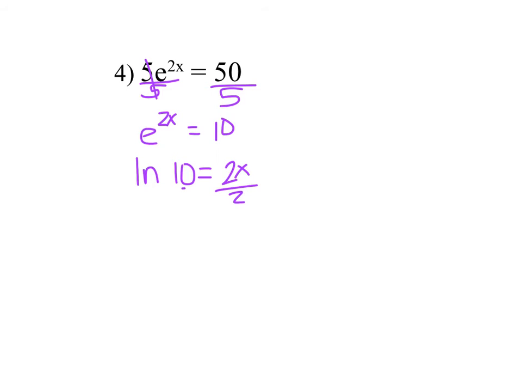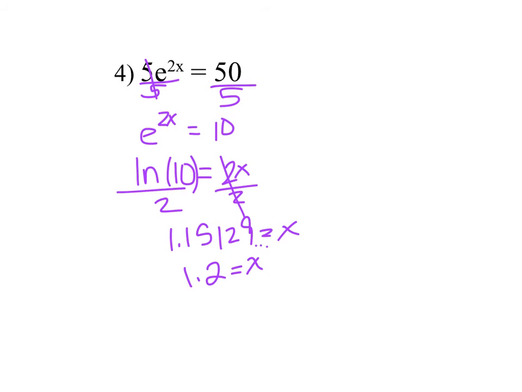Then we divide by 2. Remember, ln is just a button in your calculator. ln of 10, make sure the parentheses are closed, and then divide by 2 is equal to 1.15129, etc., or 1.2 is x.